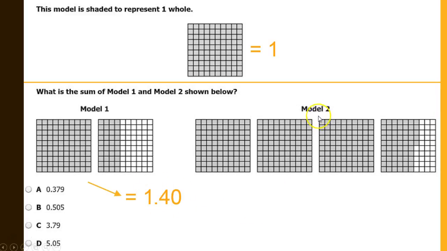So now it's going to be your turn to find the decimal value of model 2. This whole thing is model 2. What would that equal? And then you're going to find the sum of them both. And then your answer choices are down here. All right, take your time and do your very best.